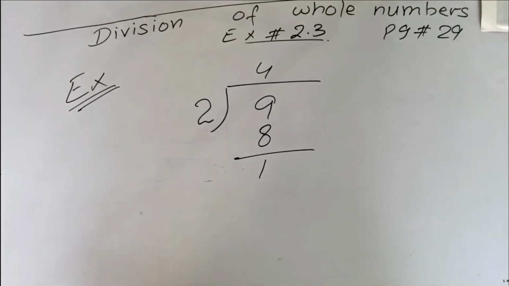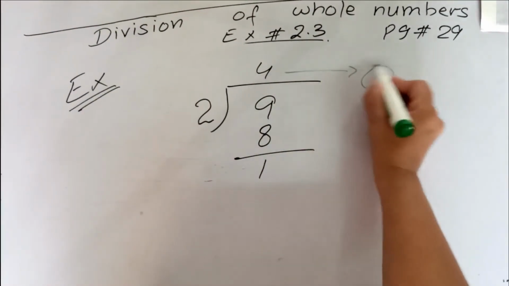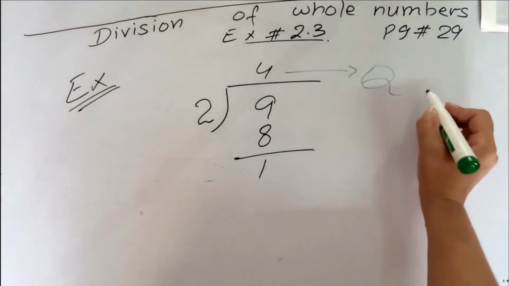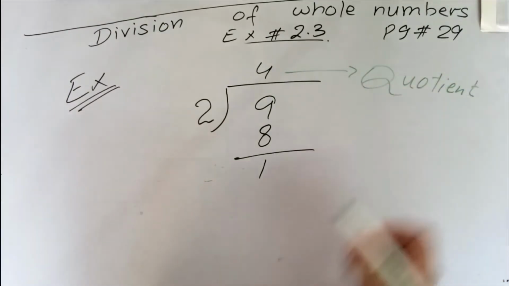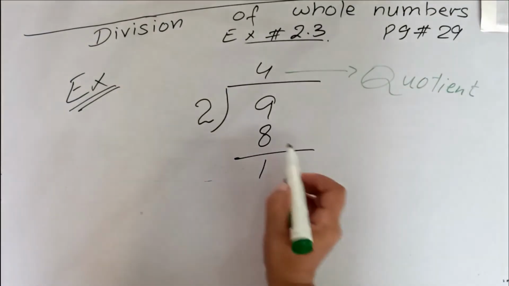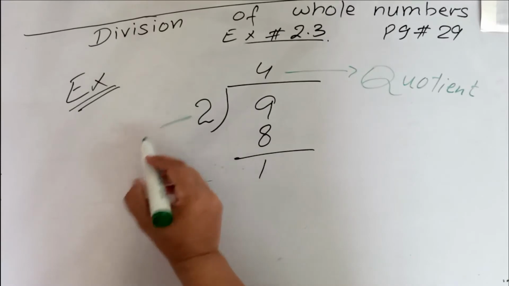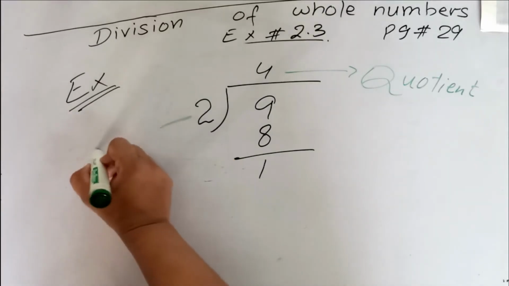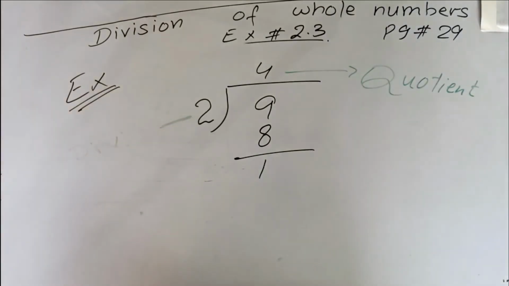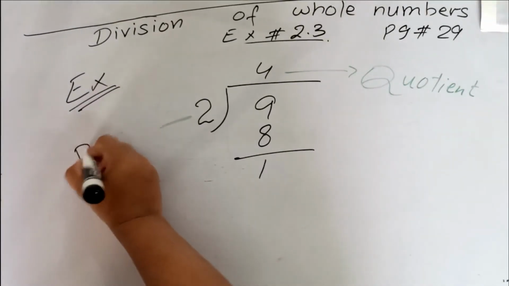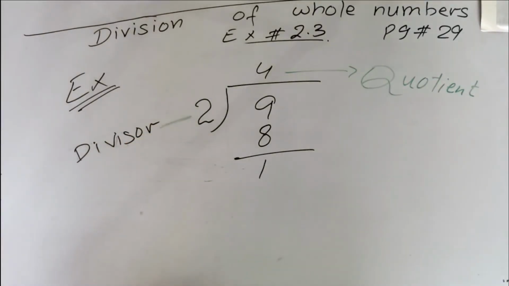Here you can see this 4 is called the quotient. I have told you these things in the previous class. This is called the divisor.